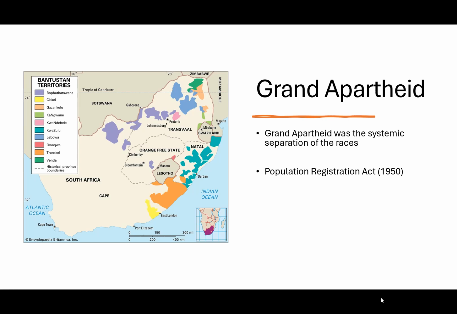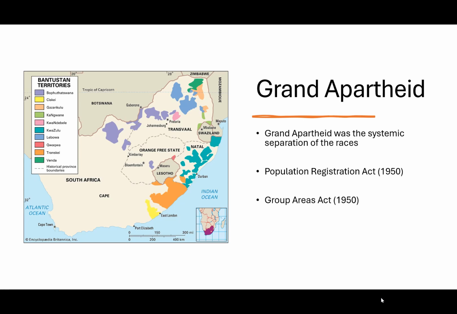So they had to go find documentation to justify their definition of race. And the onus was not on the government, but on the individual to provide this. Because once your racial group was registered, it was not going to change.